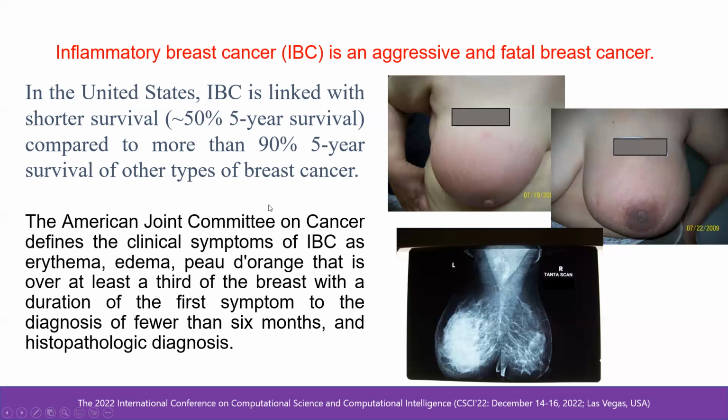In this slide, we see two clinical images of an IBC case, the first two figures, and we can see the peau d'orange and redness and edema in these two cases. Another figure here is a mammogram of an IBC case, and the left breast has IBC. We can see the high density area in the left breast and also the skin thickening.